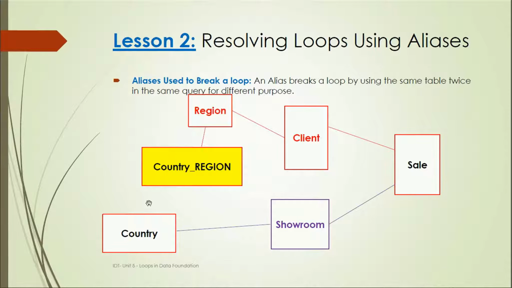By creating an alias table we have broken this loop, and it is no longer forming a closed path. So this way we can resolve loops by using an alias table, which is just a duplicate of the existing table that is forming a loop.